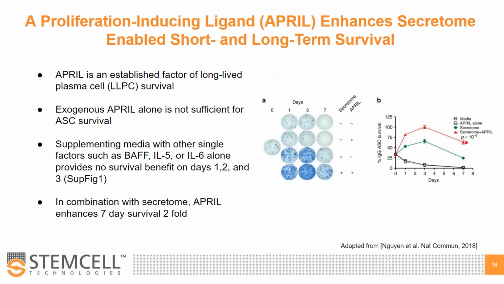They also tried supplementing media alone with other factors, such as B-cell activating factor BAFF, IL-5, IL-6, and IL-6 alone, and none of these provided any survival benefit on days 1, 2, and 3.